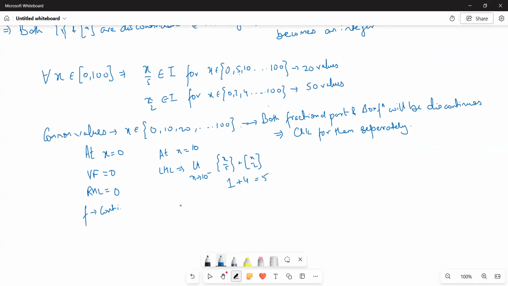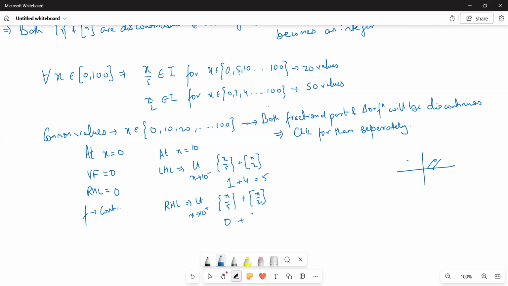Okay. Now let's look at the right hand limit. So limit x tending to 10 plus, fractional part of x by 5 plus box of x by 2. Now x is slightly greater than 10. So x by 5 would be slightly greater than 2. The right hand limit of the fractional part would be 0.